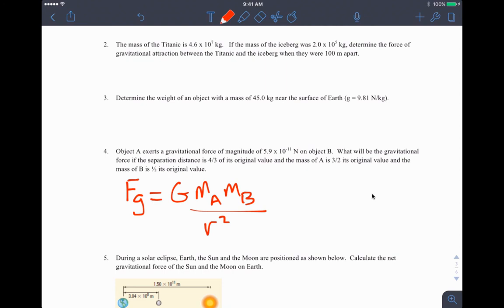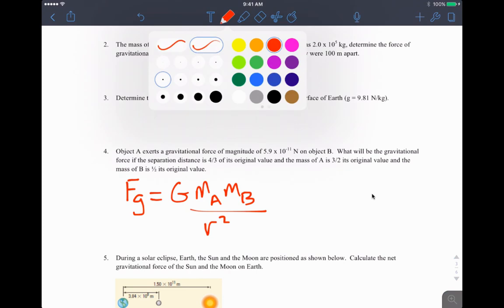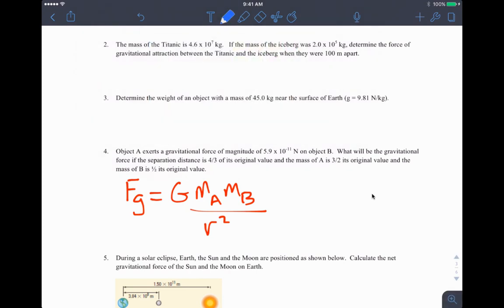I call these questions proportionality questions because they teach you how to recognize the relationship between all the variables. So I'll switch colors here. The point is, the force of gravity actually is 5.9 times 10 to the negative 11. It's a very small amount.